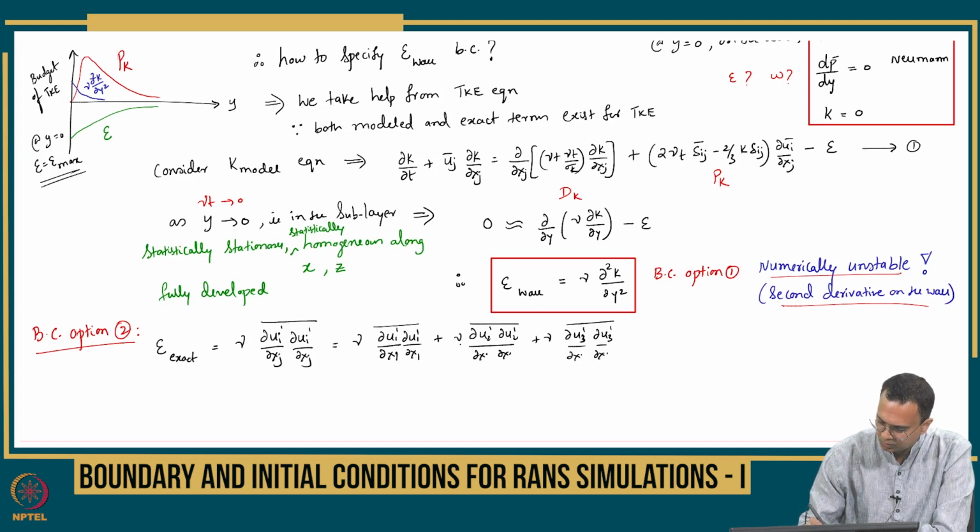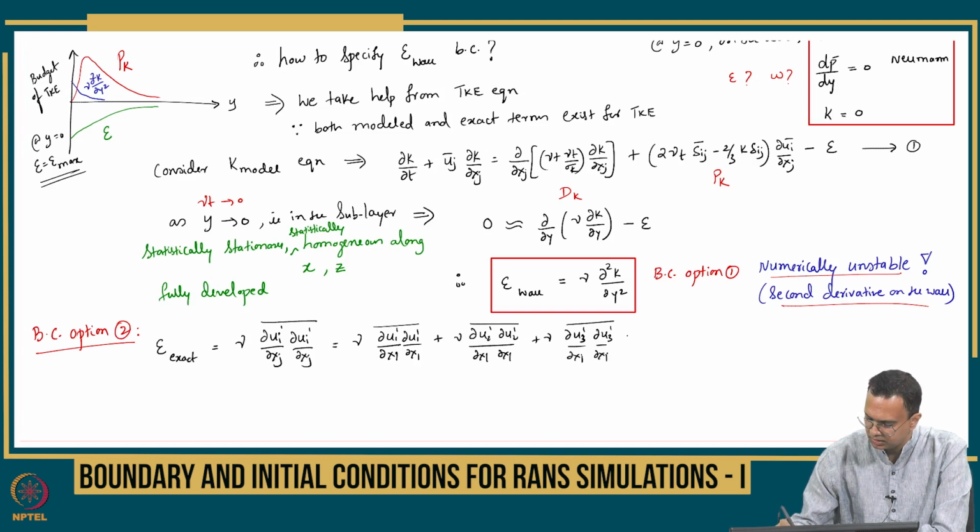So for j = 1, I would get nu ∂u1'/∂x1 ∂u1'/∂x1 average plus the other terms.